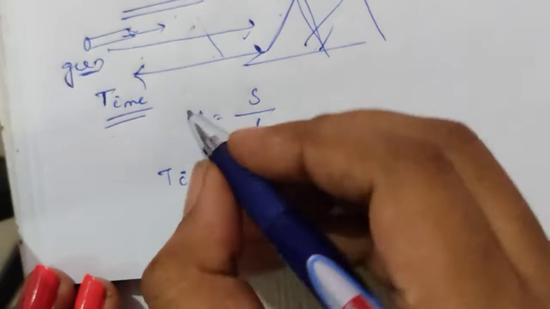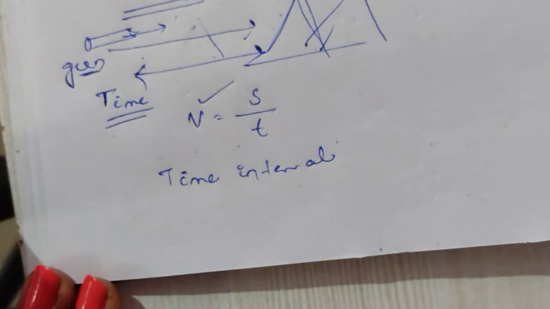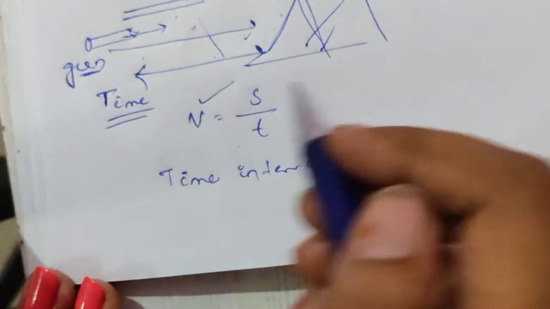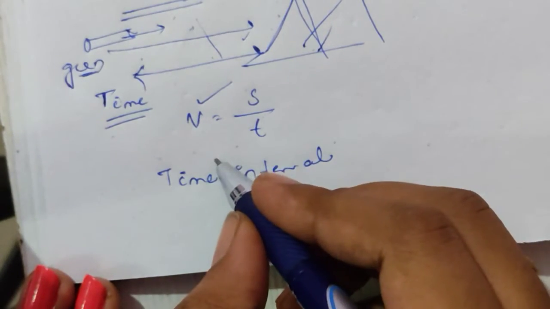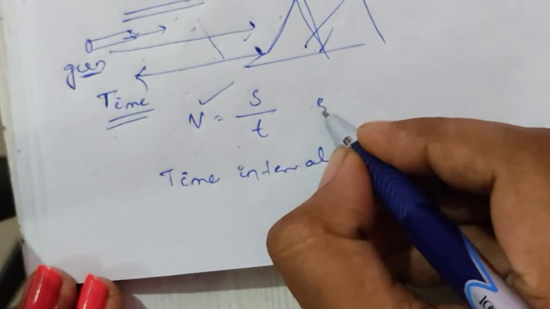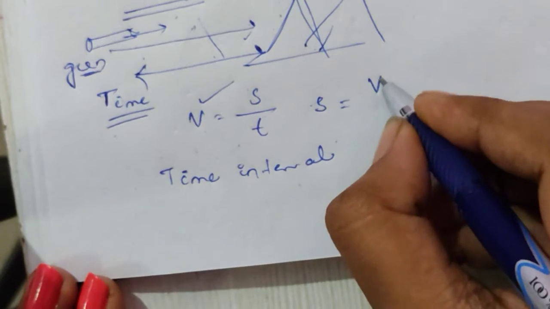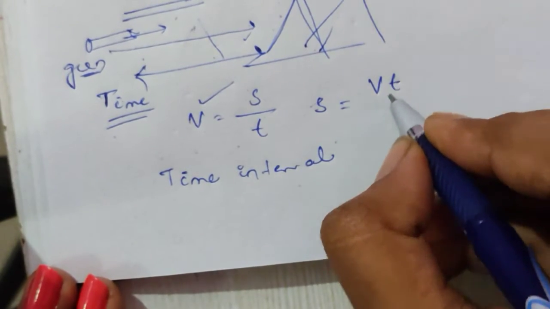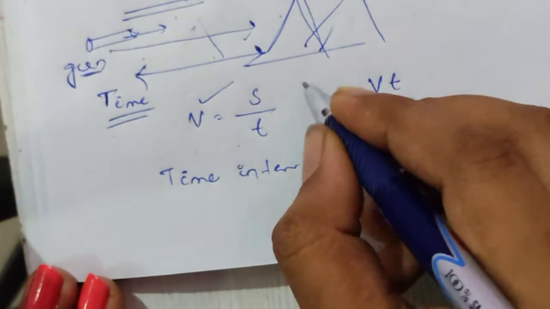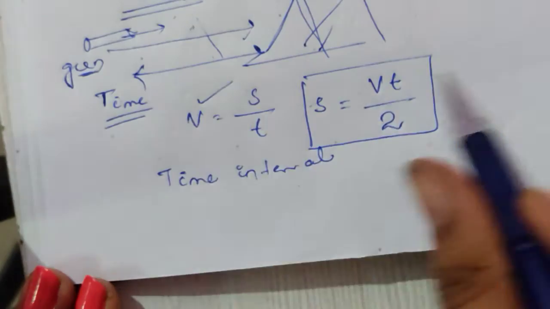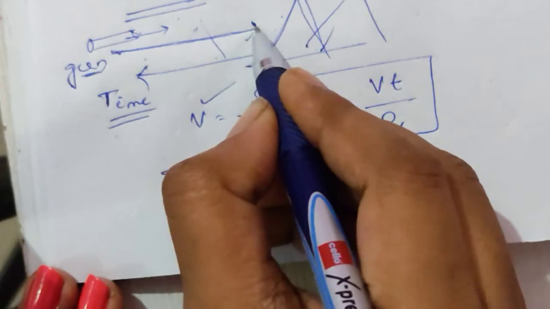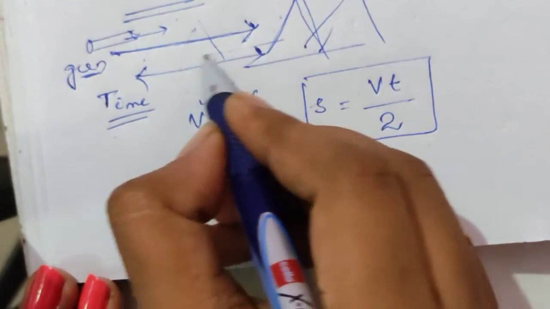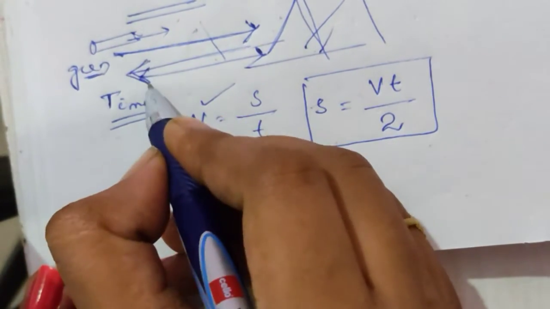Then if the sound is moving with speed v, and s is the distance of the hill and t is the total time taken, then we can find this distance as vt, but that should be divided by 2, because the distance traveled is twice the actual distance. One, the sound is going and again it is coming back, that is the echo, right?